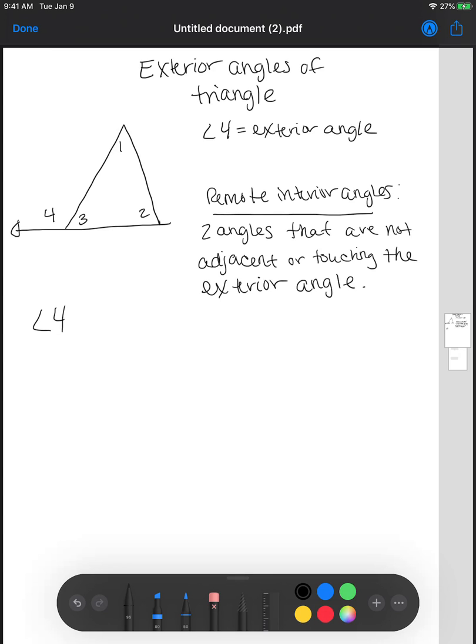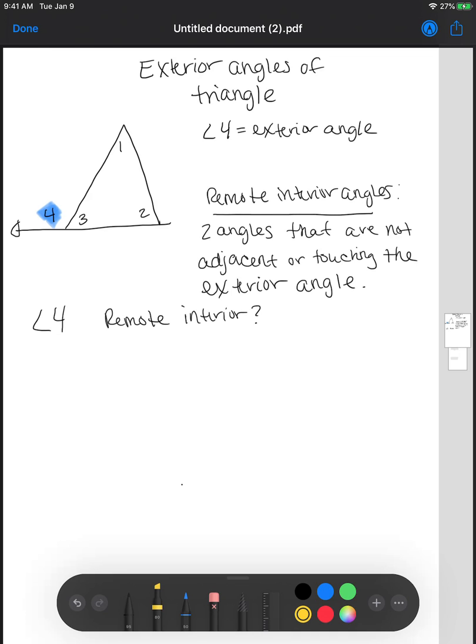So which ones are the remote interior angles? I'm writing really sloppy. Remote interior to angle 4. Okay, so which ones are not touching or close? So here's angle 4, right?